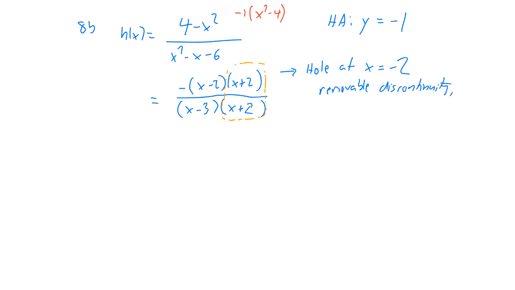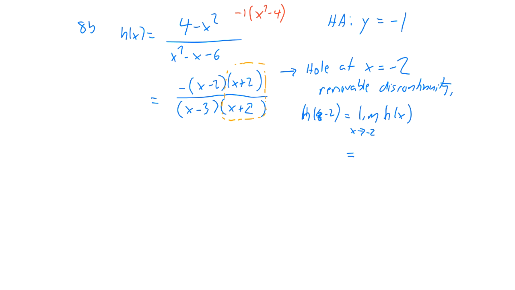If I wanted to remove that discontinuity, I would need for h of -2 to be the same as the limit as x approaches -2 of h of x. That's what it means for it to be continuous, that the value of the function is equal to the limit of the function.